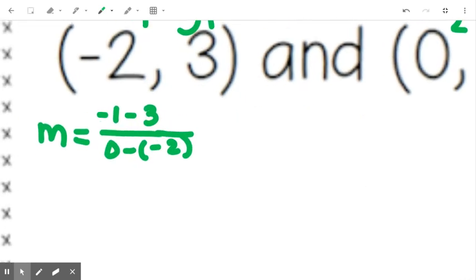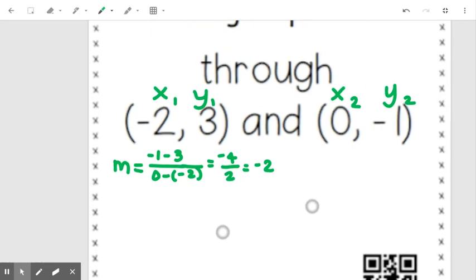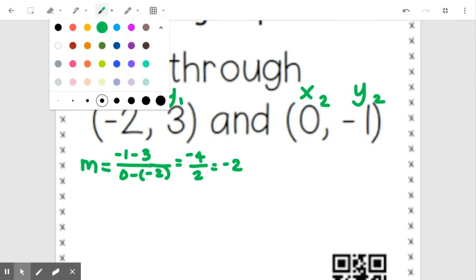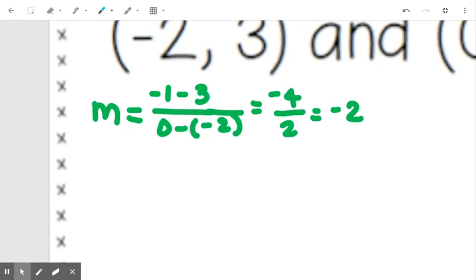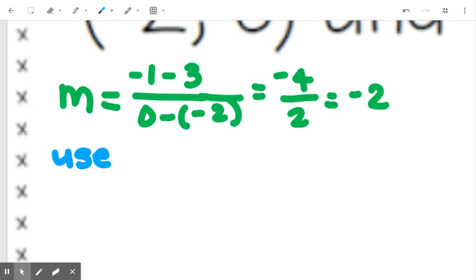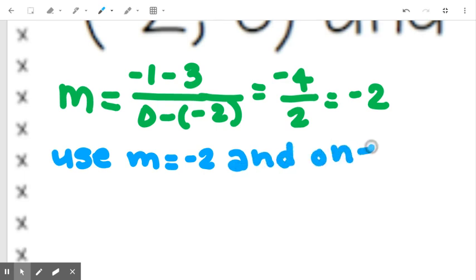Now, when I simplify this, this gives me -4 over 2, and that reduces to just -2. So now I know the slope is -2. The next thing I'm going to do is use my slope of -2 and one of the points that's given to me.